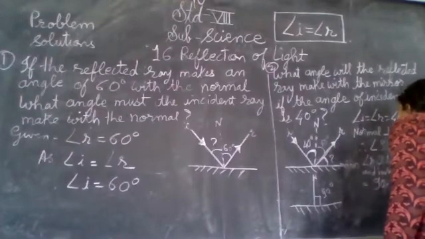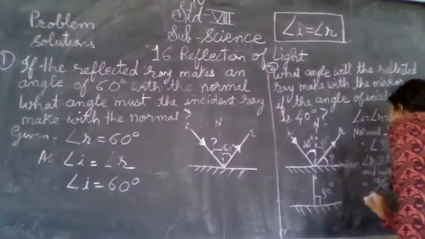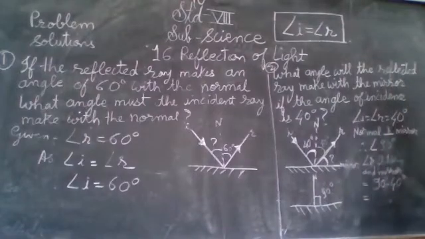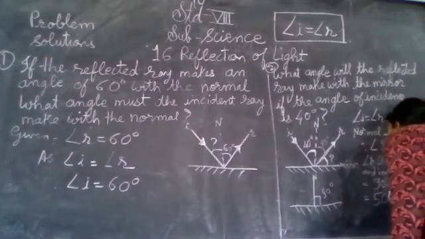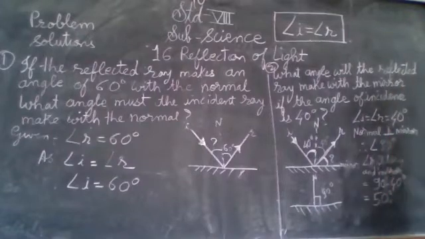What I'll have to do is 90 degrees minus 40 degrees. And how much I'm going to get is obviously 50 degrees.